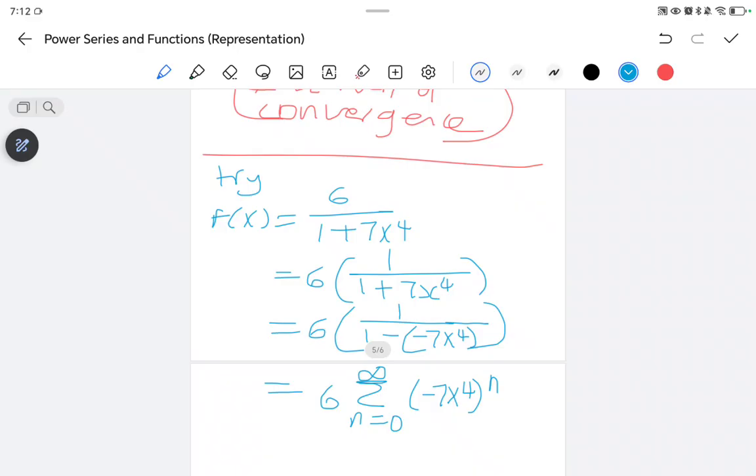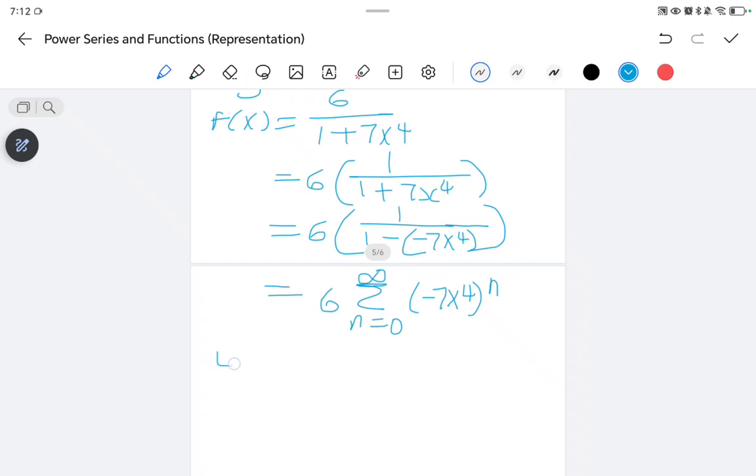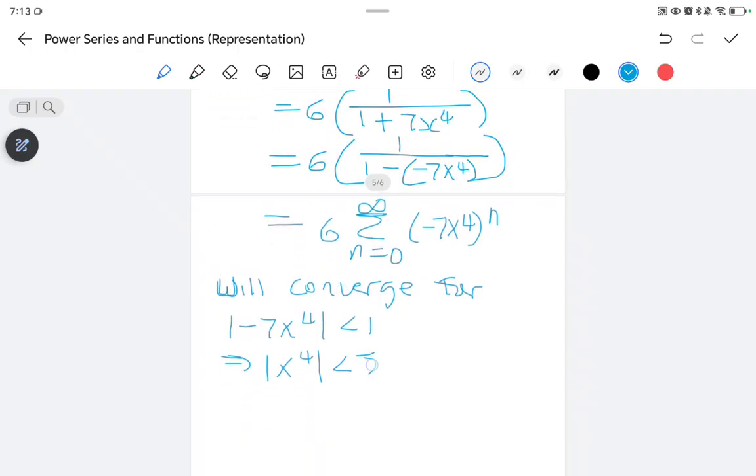For the radius of convergence, this series will converge if the absolute value of this, which represents our x value, is less than 1, which implies that 7x to the 4 is less than 1. Then here we take the fourth root of both sides.